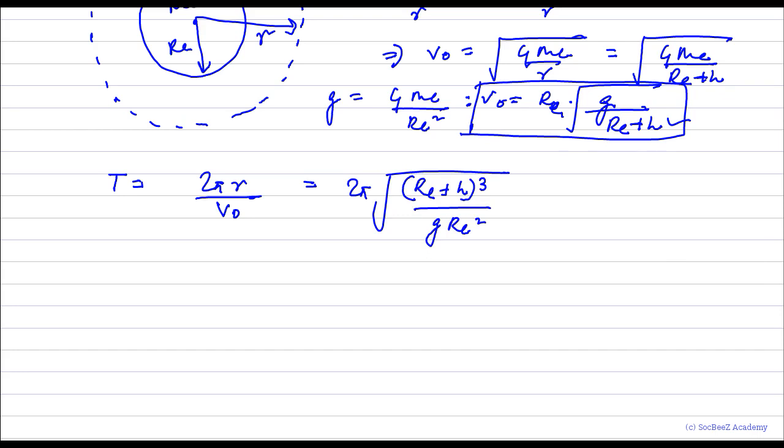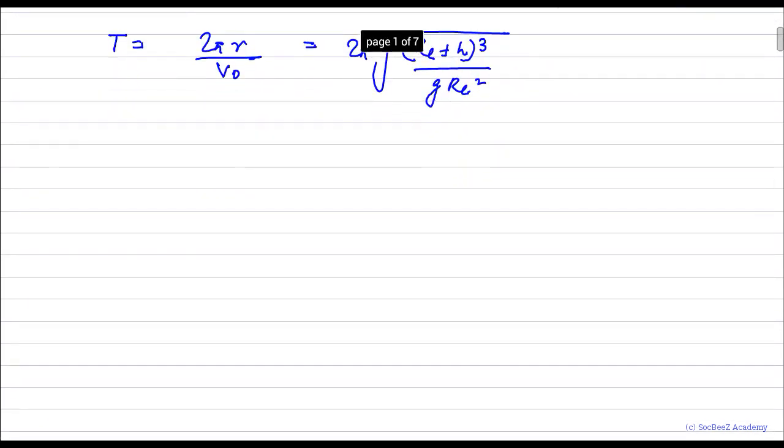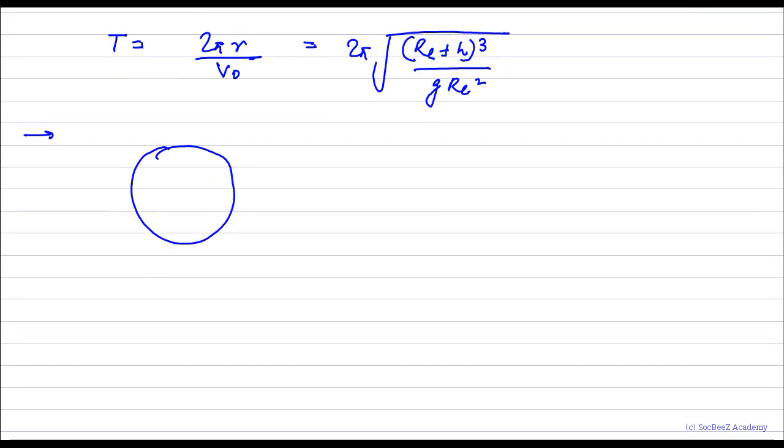Now let us talk about the energy of a satellite which is revolving close to the surface of the Earth. That energy is going to be the sum of the potential energy and the kinetic energy.